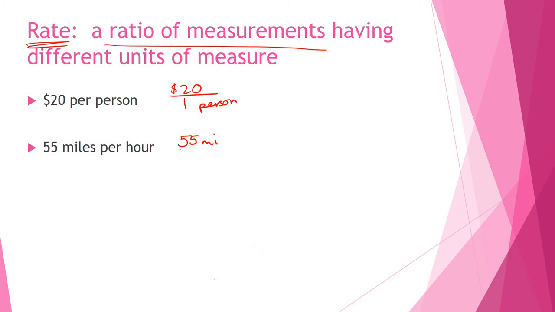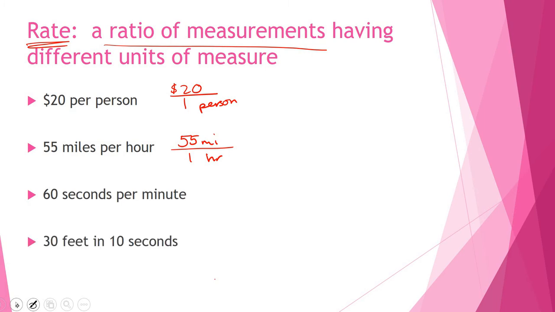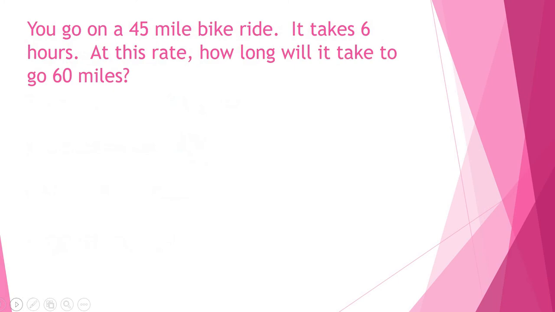The numerator of this ratio is miles, and the denominator is hours. 60 seconds per minute, we've done that. 30 feet in 10 seconds. That means that the numerator is feet and the denominator is seconds. So those are rates. Anytime we have units and the units of the top are different than the units of the bottom, we call it a rate. It's a specific kind of ratio.